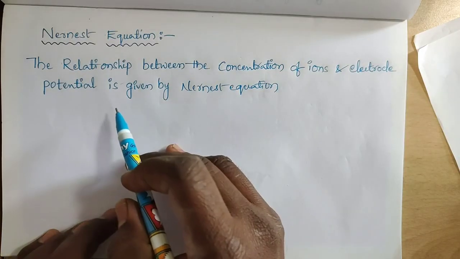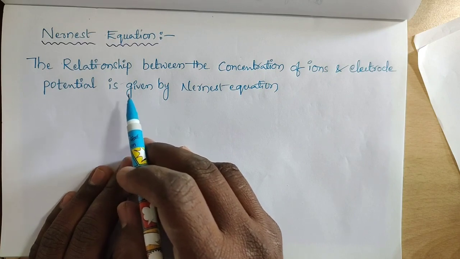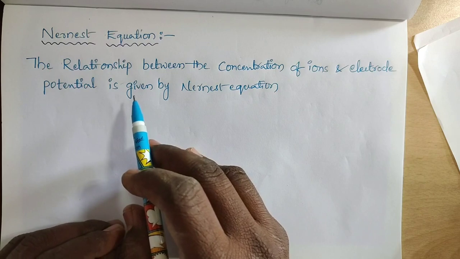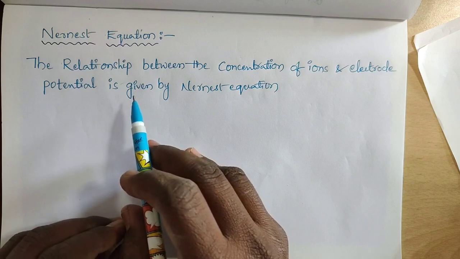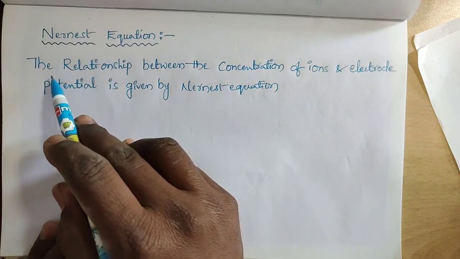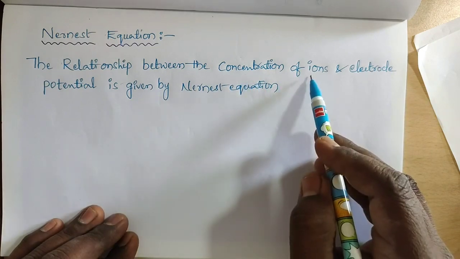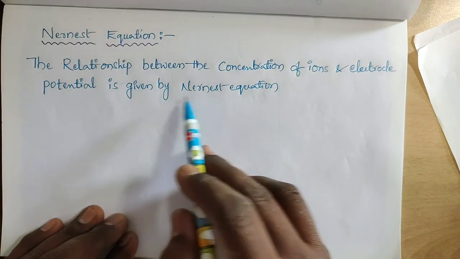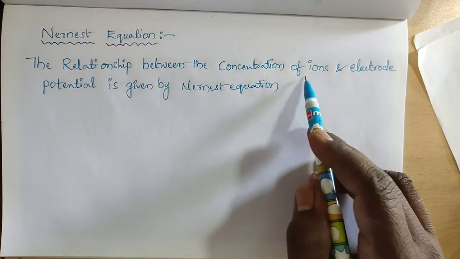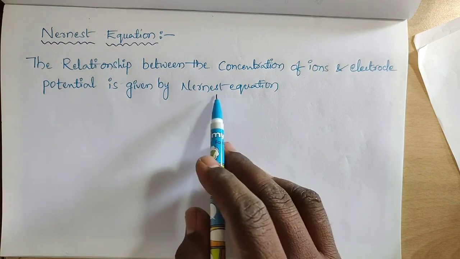And the next one is the Nernst equation. In the Nernst equation, the electrode potential at any concentration, measured with respect to the standard hydrogen electrode, can be represented by a particular formula. The definition: the relationship between the concentration of ions and the electrode potential is given by the Nernst equation.